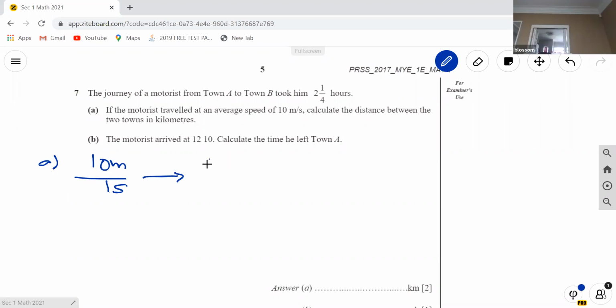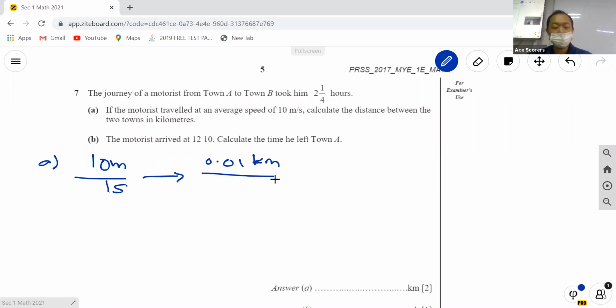So 10 meters changed to kilometers is 0.01 km. Okay, we divide by 1000. Then 1 second over the hour is 1/3600 hours.